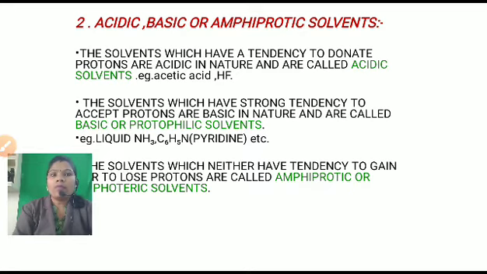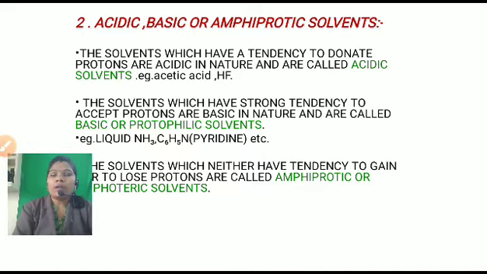The solvent which has a tendency to donate the proton is called an acidic solvent. Examples are acetic acid, HF. Basic solvent means the solvent has a tendency to accept the proton, and is called a basic or protophilic solvent. Examples are liquid ammonia, pyridine, etc. Next is what?